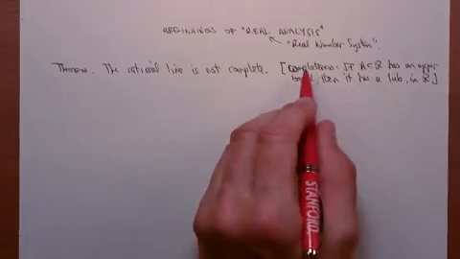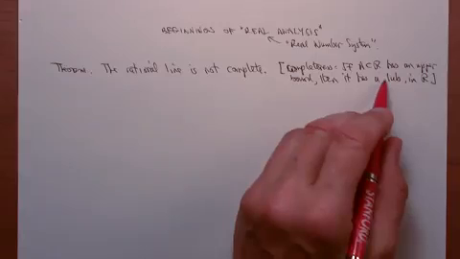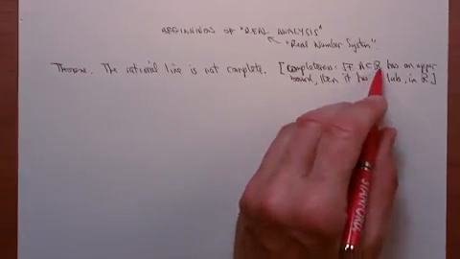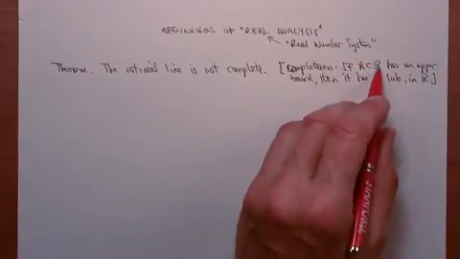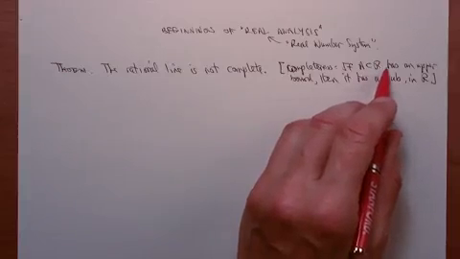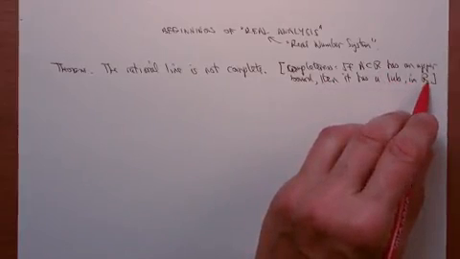But as I mentioned at the time, these notions also apply to any set. So in terms of the rationals, completeness would mean if A is a set of rationals having an upper bound, then it has a least upper bound in the rationals.